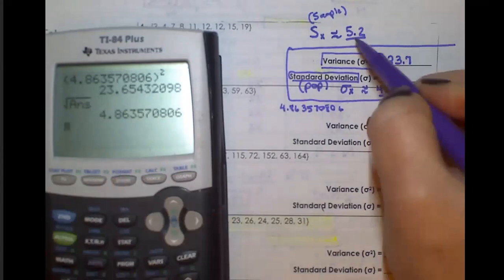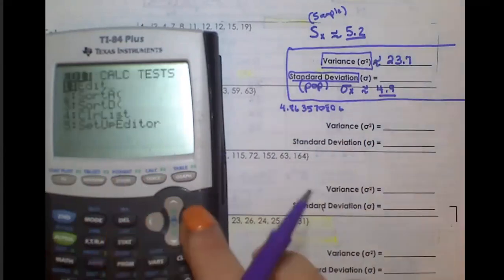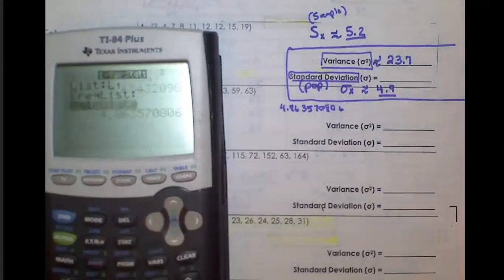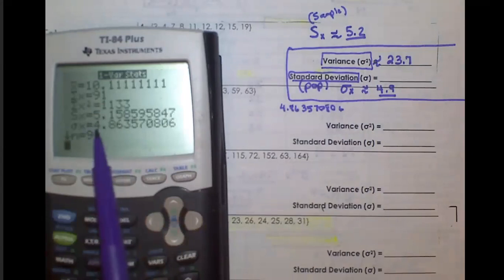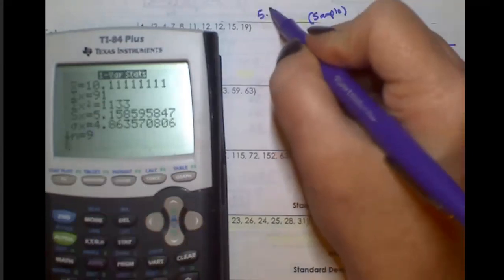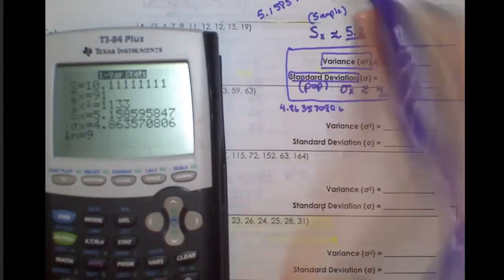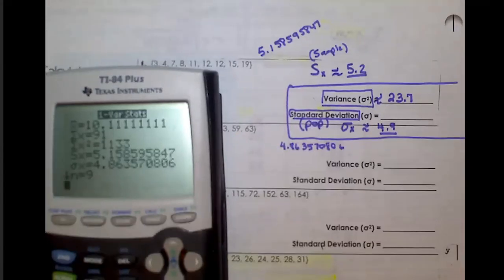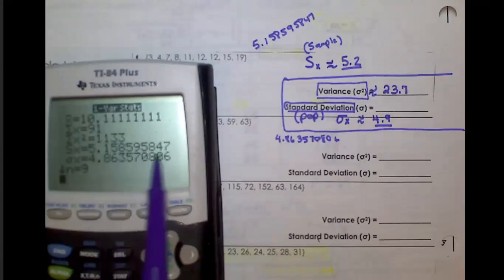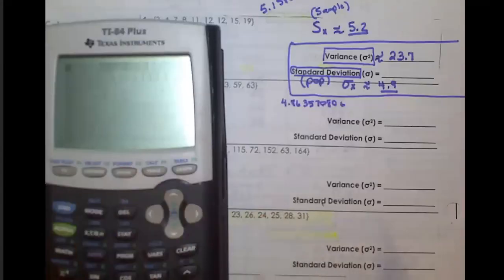With the sample, you would do the same thing. We'll go to stat, 1-Var Stats, and I see it's 5.158595847. You want to type in that whole number where you'll be more accurate, because you could mess up if you're off just a little bit with decimals.